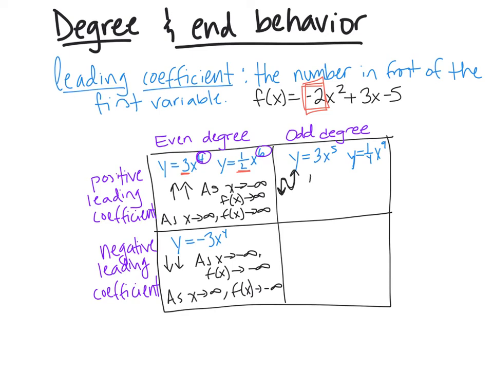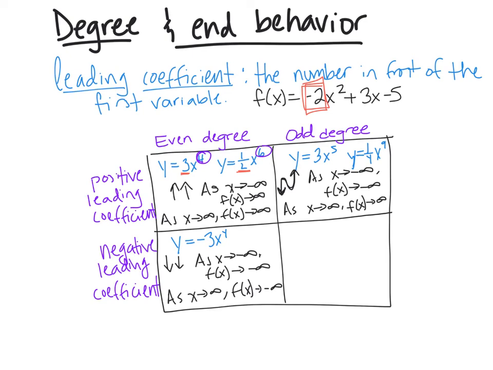So let's write that out. As x goes to the left to negative infinity, what is the function doing? The function is going down to negative infinity. And as x goes to positive infinity, the function is also heading up to positive infinity, like so.